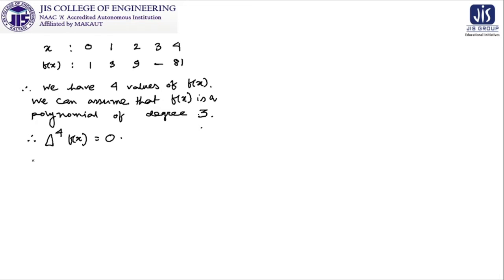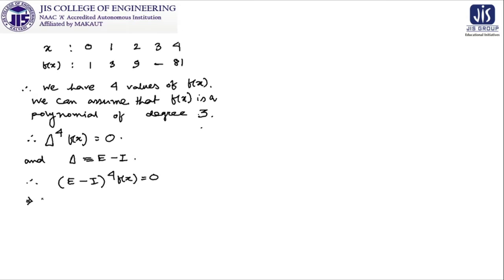We also know the relationship that the forward difference operator is equivalent to E minus I, where E is the shift operator and I is the identity operator. So we can write E minus I whole to the power 4 fx is equal to 0.